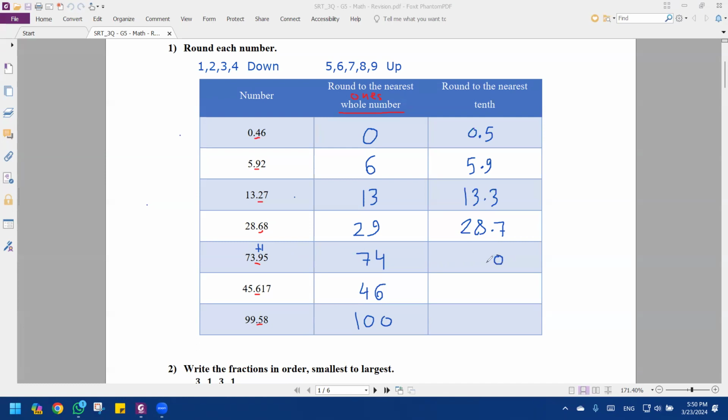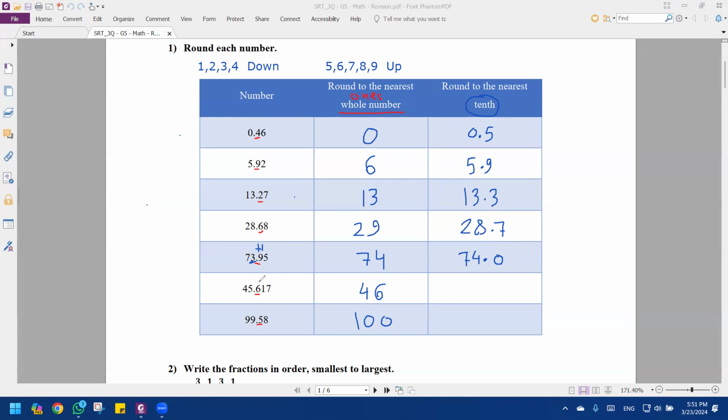I write 0, and I give 1 to the next digit. So that 3 will be 4. So when I round 73.9, it will be 74. And we just put 0.0. Actually, it has no meaning, but we put it because I'm doing rounding to the nearest tenth, so I can have one value after the decimal point.